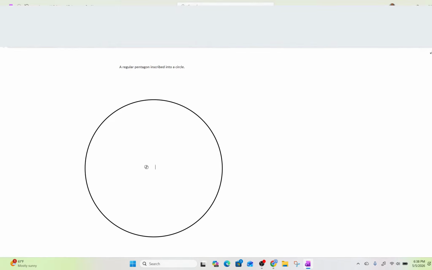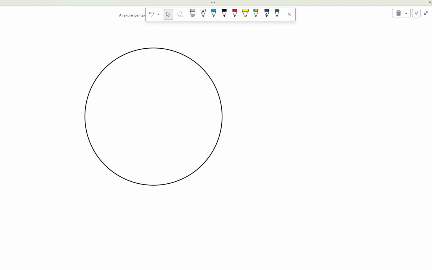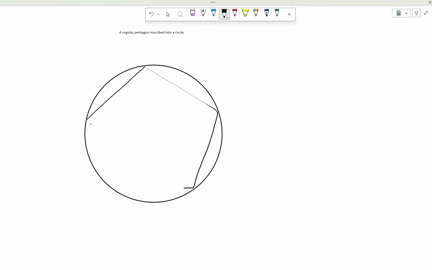It's going to be even easier if I take off the auto shapes thing and just draw a sketchy looking thing and mark it, which is what you guys are probably going to do too. So I'm going to draw my pentagon, and to make all the sides equal, I'm going to mark them equal. All right, I'm trying my best.